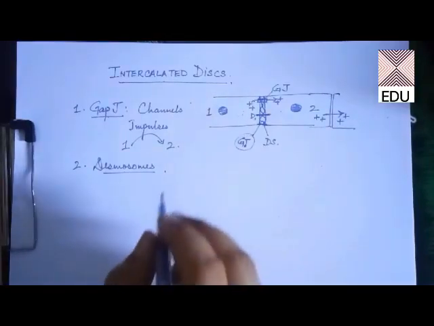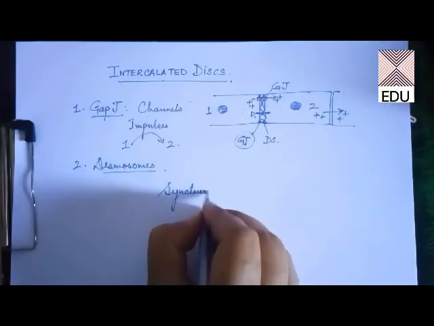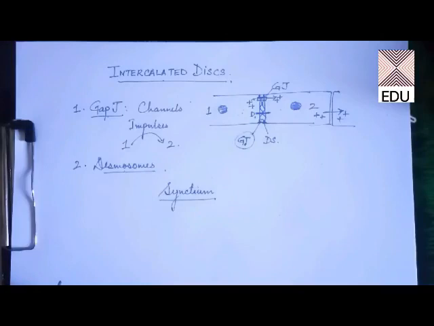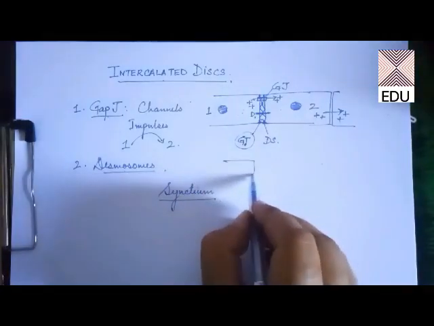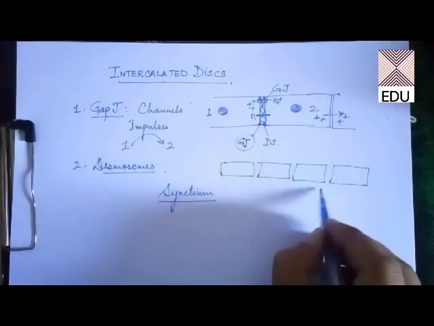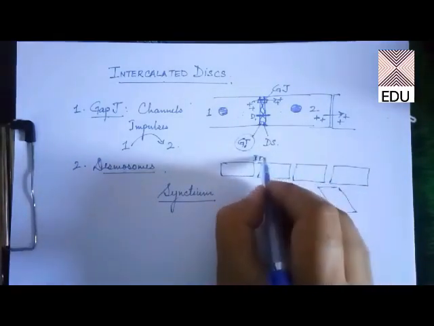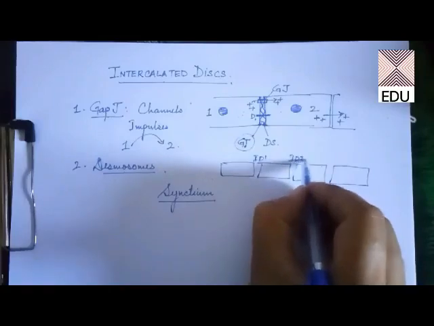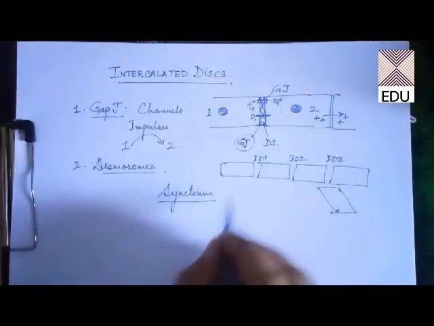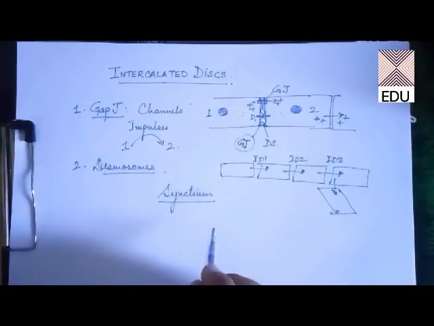The next concept is the formation of syncytium. When a number of cells are connected with, suppose, intercalated discs, this is intercalated disc 1, this is ID2, this is ID3, they can take up the action potentials from one cell or the neighboring cell.